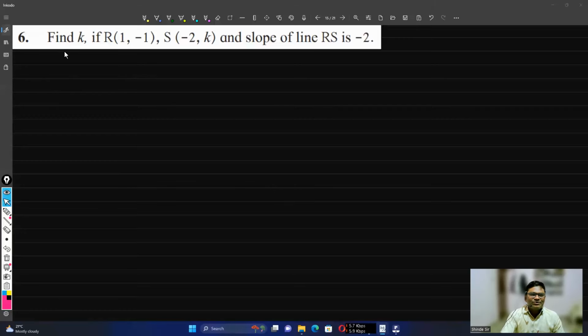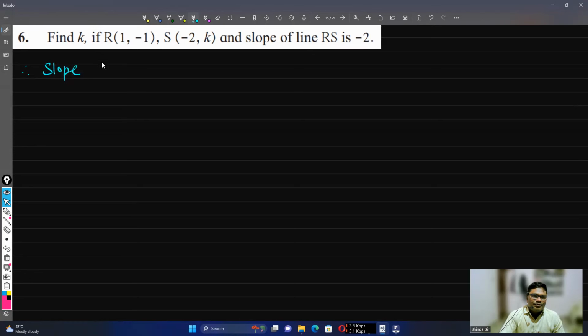Now let's solve problem number 6. Find k if R's coordinates are 1, minus 1 and S's coordinates are minus 2, k, and the slope of line RS is given as minus 2. So let's write whatever is given.